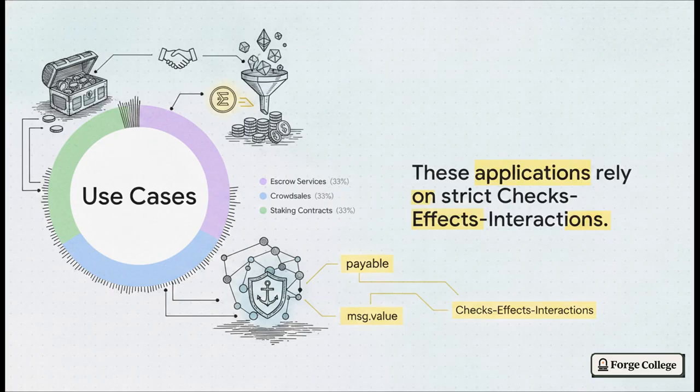A crowd sale accepts Ether to mint new tokens, and a staking contract locks up value to help secure a protocol. But here's the really fascinating thing. Despite having wildly different business logic, the foundational blueprint for their deposit functions is identical. They all rely on payable, msg.value, and that strict checks-effects-interactions pattern to make sure the core math is completely bulletproof before any of the complex business rules ever take over.